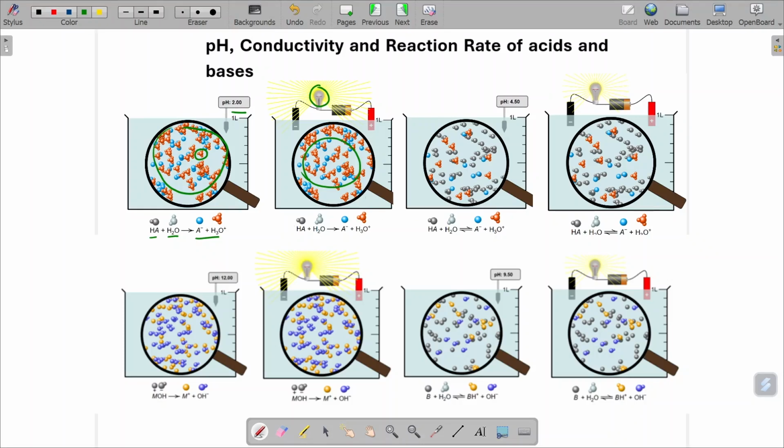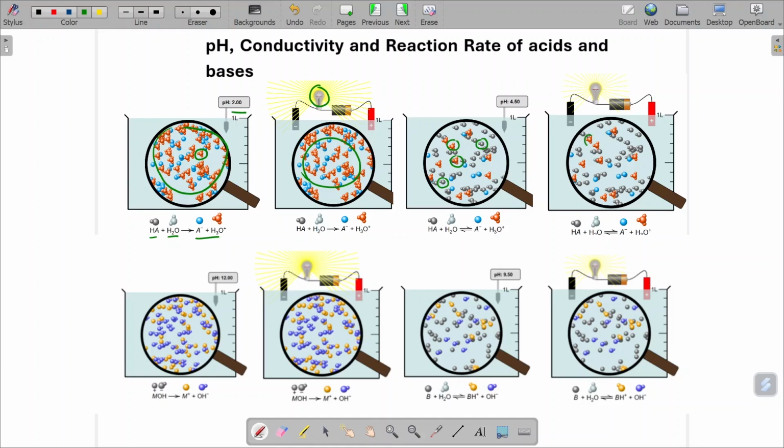For a weak acid, we can see that the opposite is true. For a weak acid, we notice that there are still some of these acid molecules in the solution. It means that not all of the acid molecules have ionized to form the hydronium ions, and therefore the pH is a little higher because the concentration of hydronium is not as great.